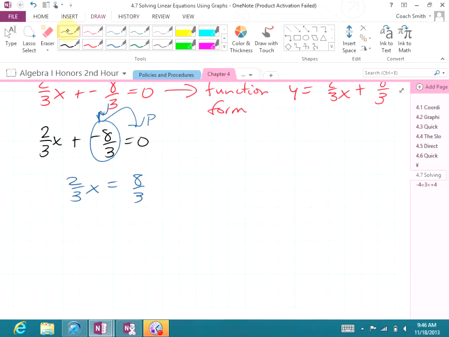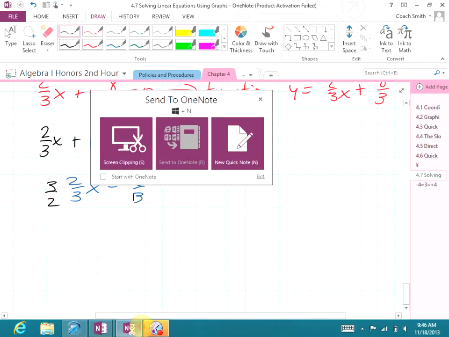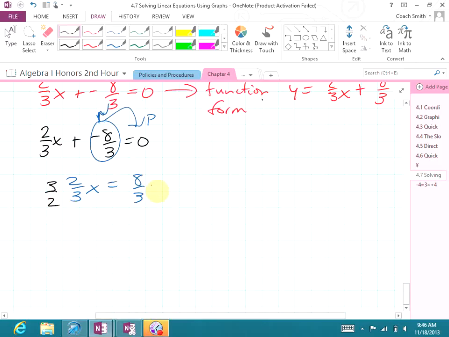All right, now you take that 3/2, because we're doing the reciprocal. Okay, and that gives me 3's cancel, 2's cancel, leaving me with x. 2 into 2 goes once, 2 into 8 goes 4 times, 3 and 3 cancel, giving me x is equal to 4.